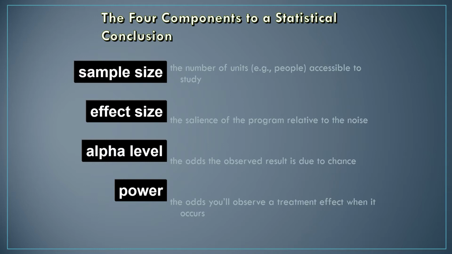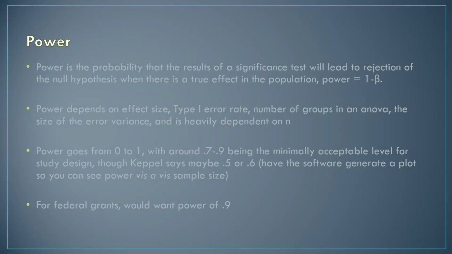And power is related to confidence intervals and how likely you are to see a result that is statistically significant for the majority of your distribution or your sample. So power is this probability of getting significant results, so being able to reject your null hypothesis.